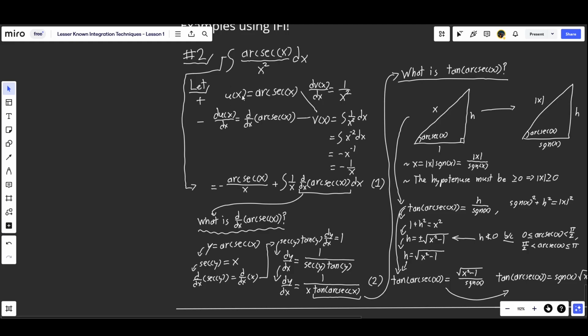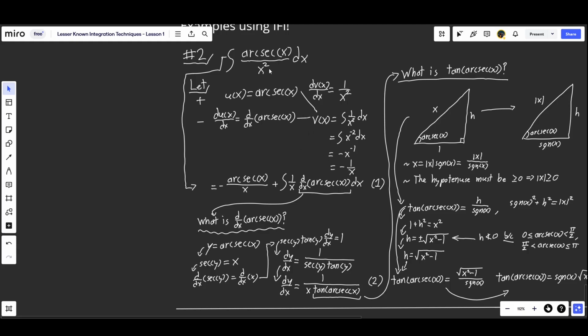Taking the derivative of u of x with respect to x, we see that it equals the derivative of arcsecant of x with respect to x, and taking the indefinite integral of the derivative of v of x with respect to x, we see that v of x is going to be equal to the indefinite integral of 1 over x squared with respect to x, which simply equals negative 1 over x.